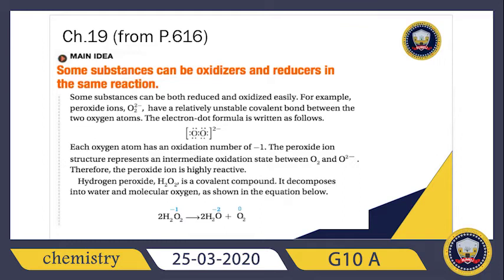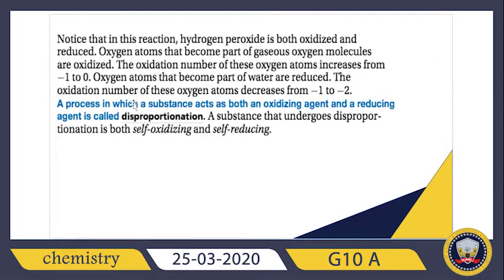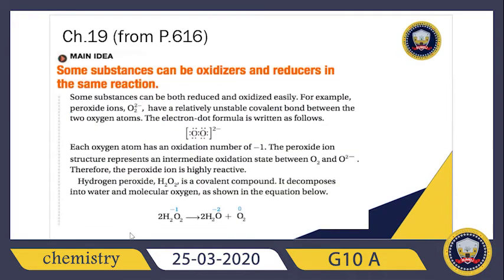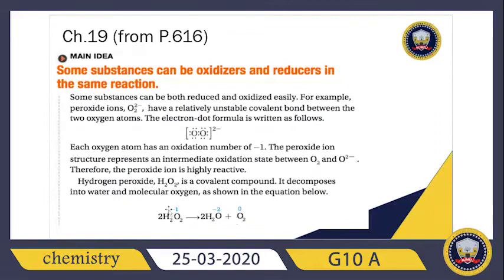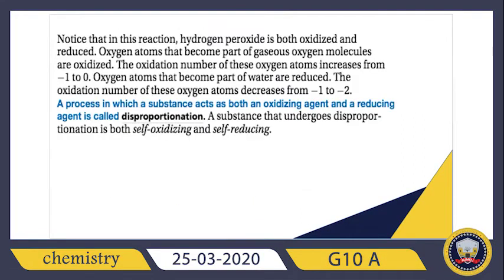Notice that in this reaction hydrogen peroxide is both oxidized and reduced. How? Let's read together. Oxygen atoms that become part of gaseous oxygen molecules are oxidized. The oxidation number of these oxygen atoms increases from -1 to 0. So that's an oxidation process.